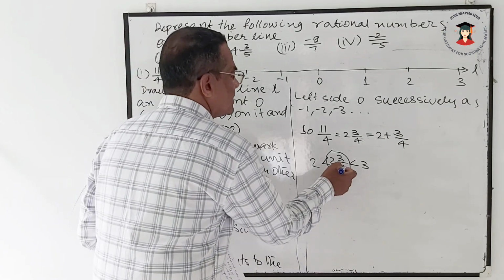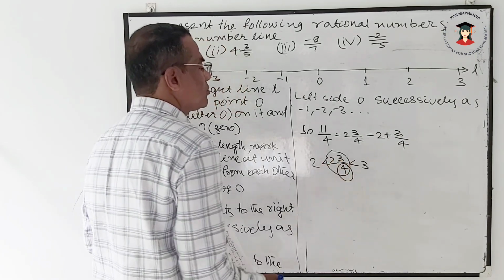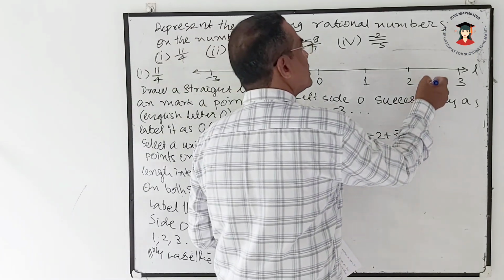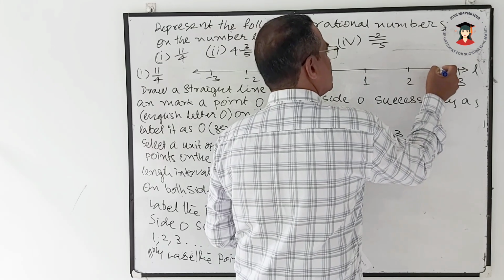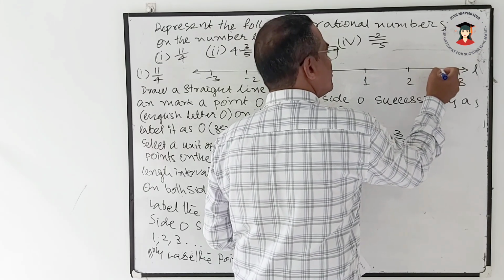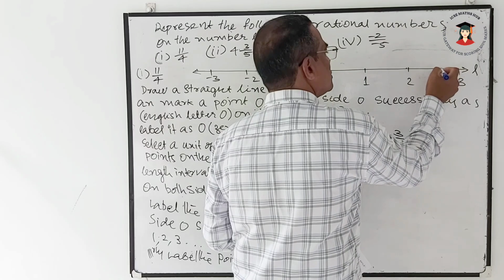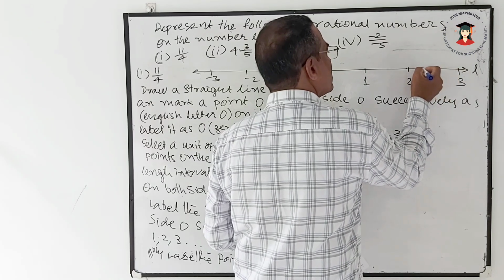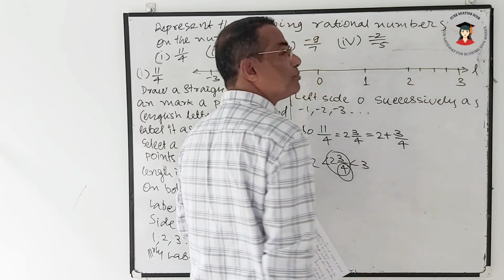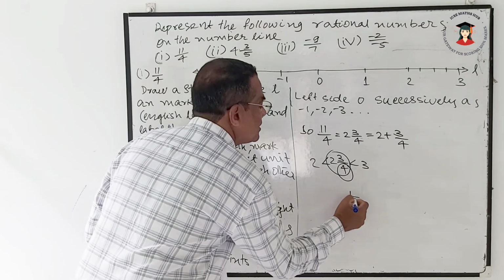And since the denominator here is 4, we need to divide it into 4 equal parts. Divide the line segment between points 2 and 3 into 4 equal parts, so that each part will be equal to 1 by 4.